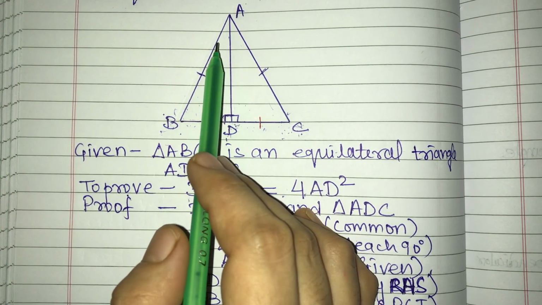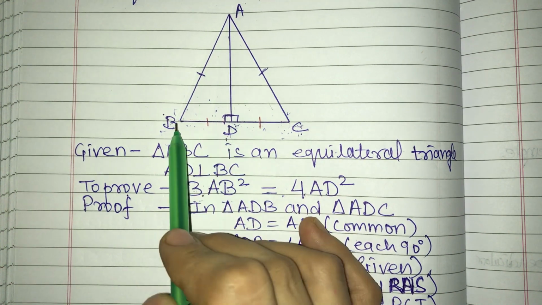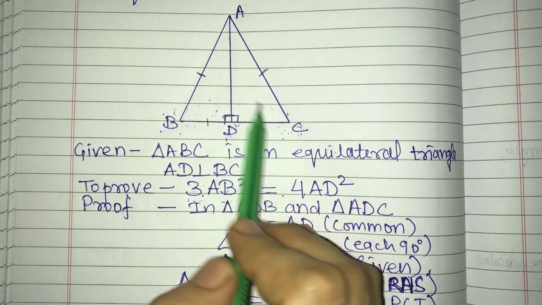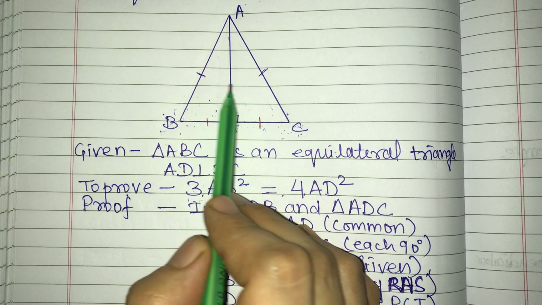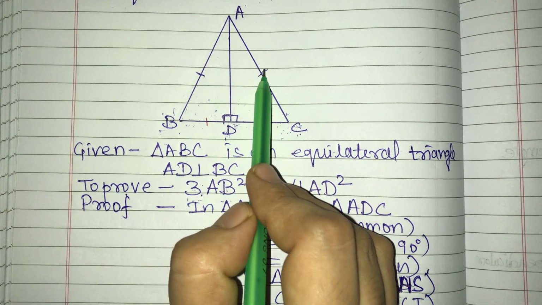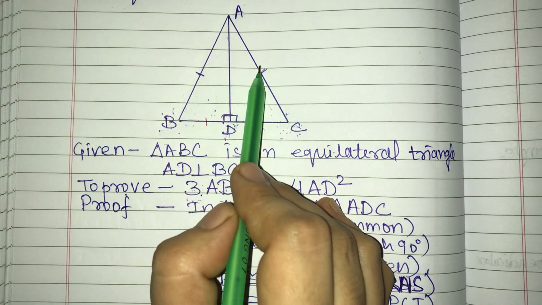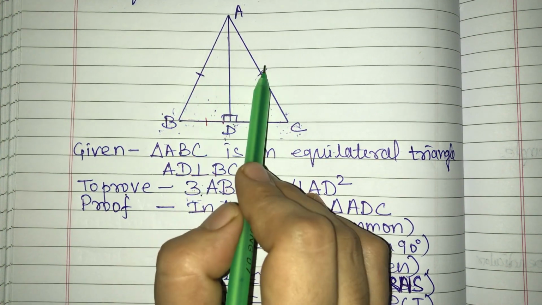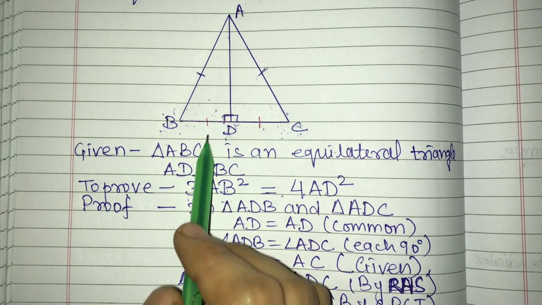For proving this, I am going to take triangles ADB and ADC. In these two triangles we have side AB equal to side AC, because this is an equilateral triangle. So AB equals AC, this is already given in the question.